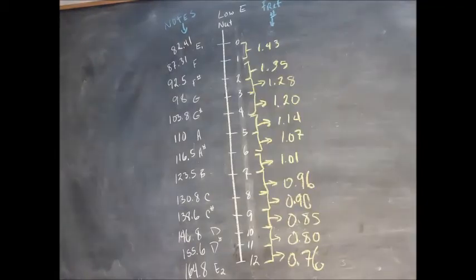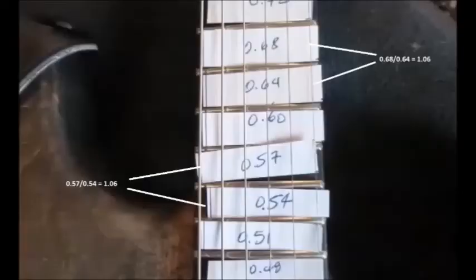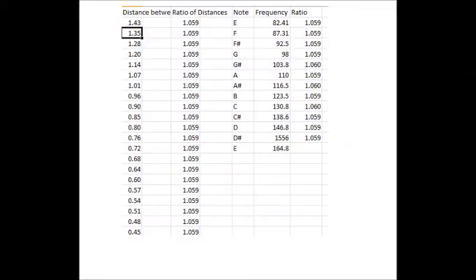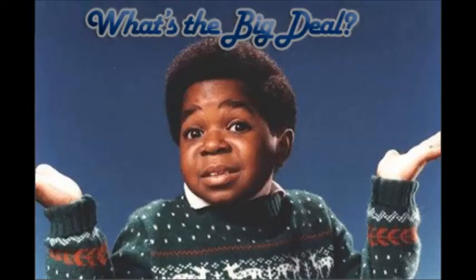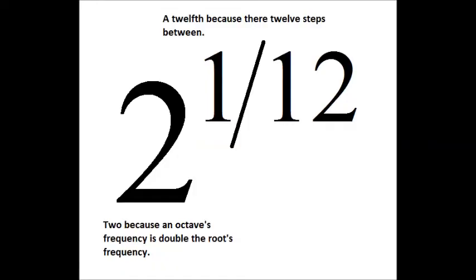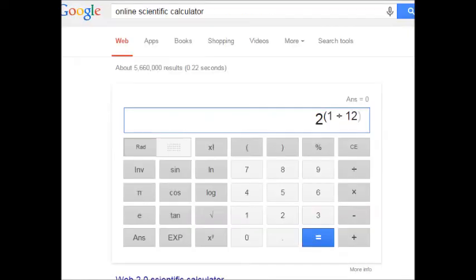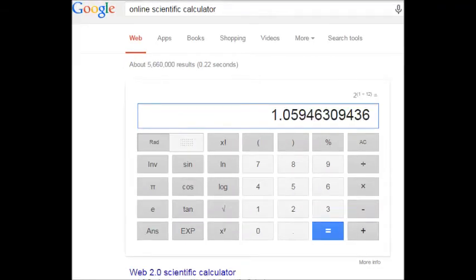Now here's the payoff. If you take any two consecutive frets and you take the ratio, you get 1.059 or 1.06, depending on how accurate the measurements were. Alright, big deal. It is a big deal because 2 to the 1/12th power is 1.059.